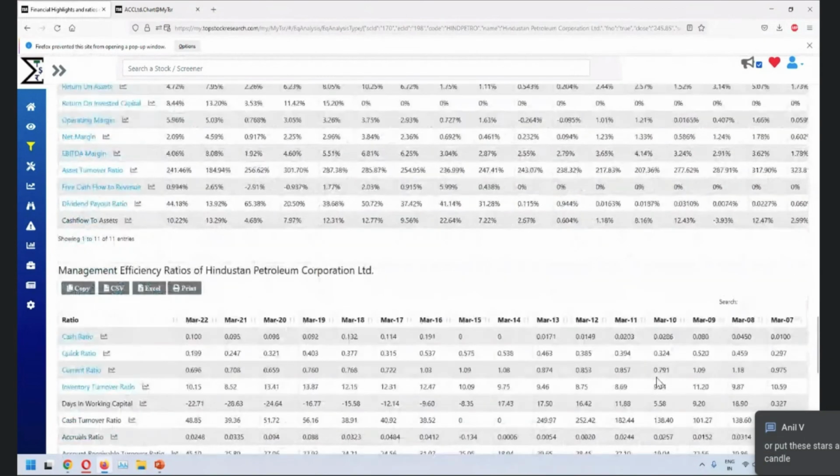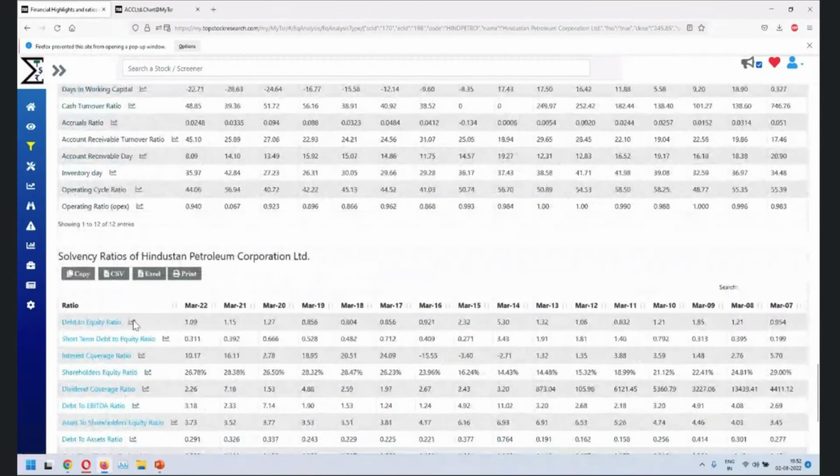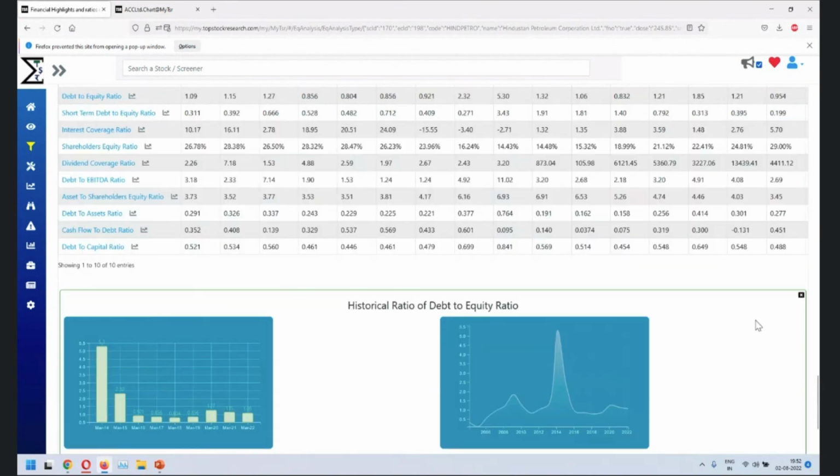All right, let's see debt to equity. If you see the debt to equity of HPCL, this is where it was. It was pretty high debt, maybe about 8 years back. But now see, the debt is much better. It's pretty much under control, right?